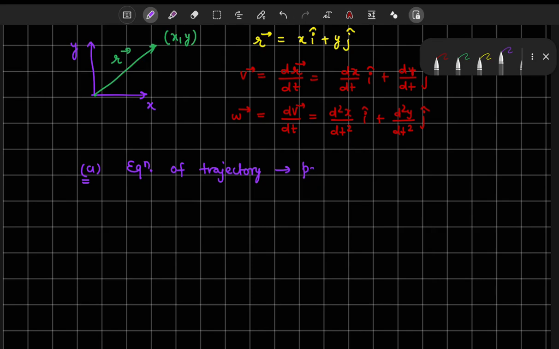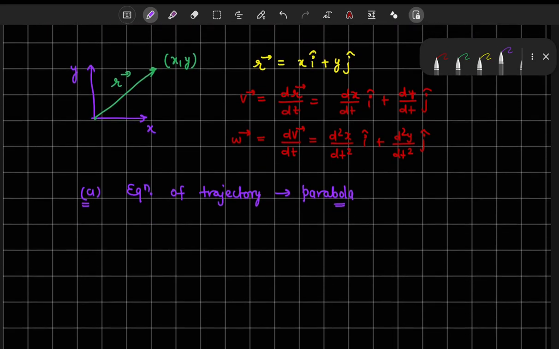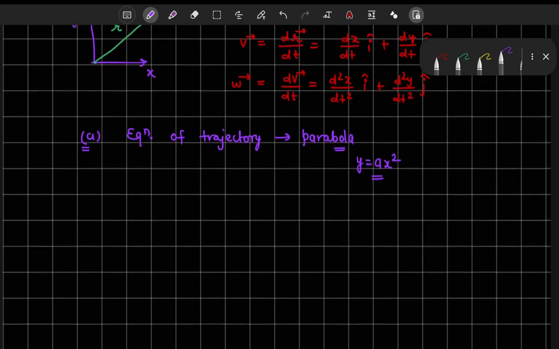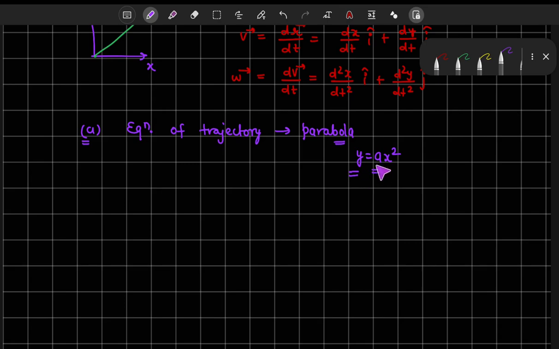is parabola, and it is given as y is equal to a x square. Okay, so let us differentiate this particular equation with respect to time. So we will get d by dt of y is equal to d by dt of a x square.